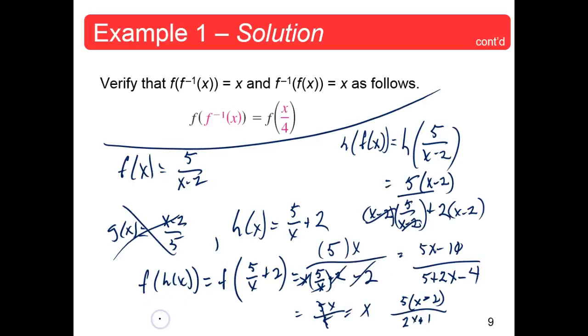Something is squirrely here. I've made some dumb mistake somewhere here. Let's go back. H of f of x. There's my f of x. The h function says 5 over that plus 2.